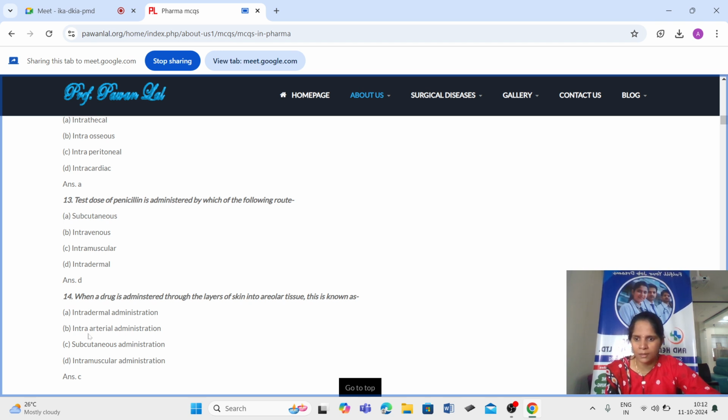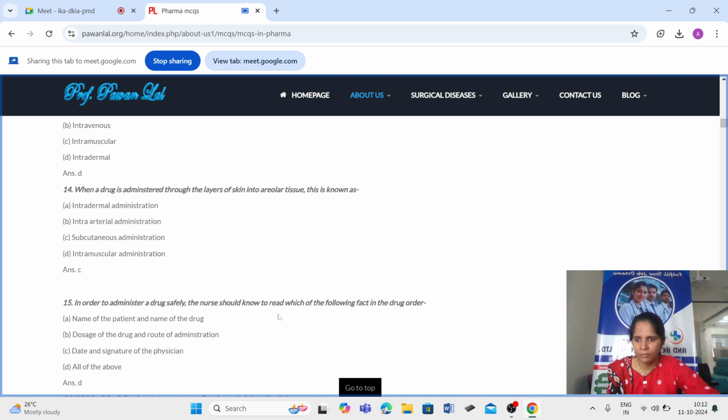We call it subcutaneous administration. Subcutaneous, in the sense, you know cuticle, right? In our skin we have epidermis, dermis, cuticle and all. So just remember it like that: subcutaneous administration, where the drug will be administered into the deep layers of the skin.